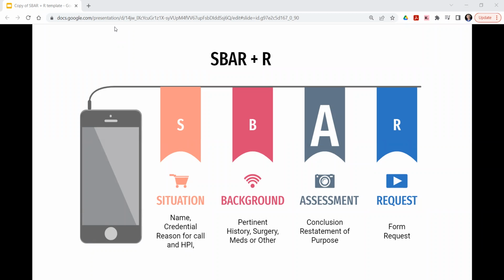So in the example I was providing, the conclusion is, I'm concerned that this person might be having internal bleeding or might be having an MI. So this is your assessment of what the core problem that you're calling about is.